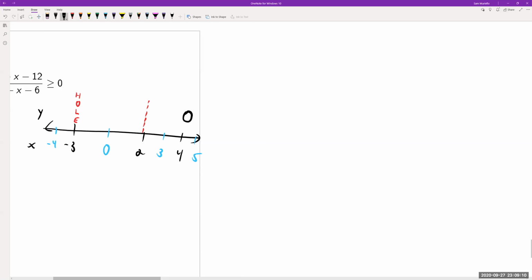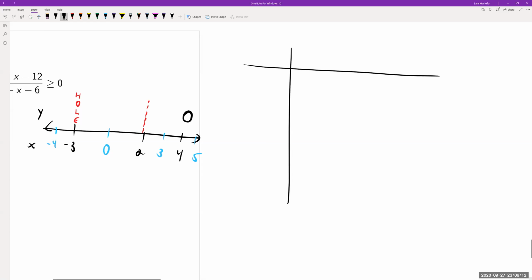So we will put in first the test values, negative 4, 0, 3, and 5. And we will be using the simplified version, which will be x minus 4 over x minus 2. So these are the only factors I care about. X minus 4, x minus 2, and the final answer.